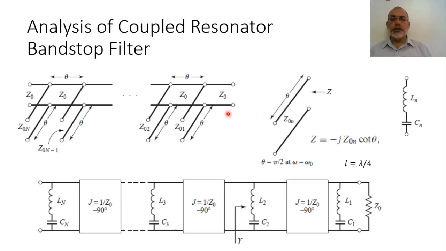So, in this case, the equivalent circuit for the loaded or coupled resonator filter can be represented as follows. The stub will be replaced by a series LC circuit in shunt. Then the transmission line section, which has a length lambda by 4, can be represented as an admittance inverter of characteristic admittance 1 over Z naught.